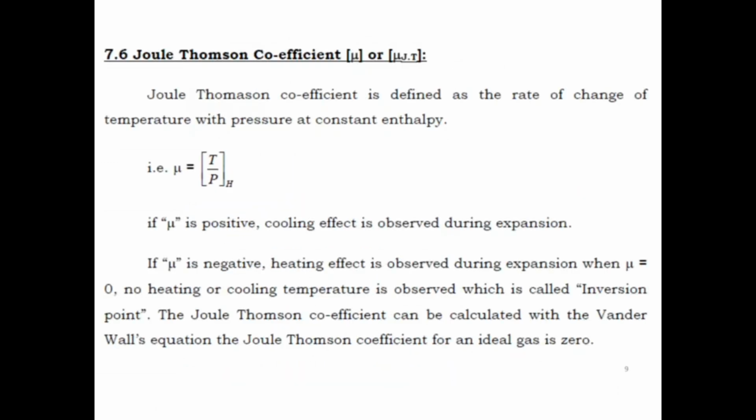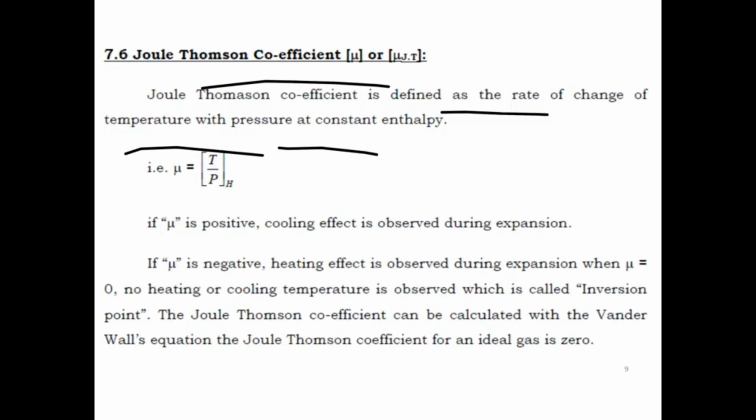So next is the Joule-Thomson coefficient. Here the coefficient is defined as the rate of change of temperature with pressure at constant enthalpy. The enthalpy is kept constant, and the rate of change of temperature with pressure can be seen.